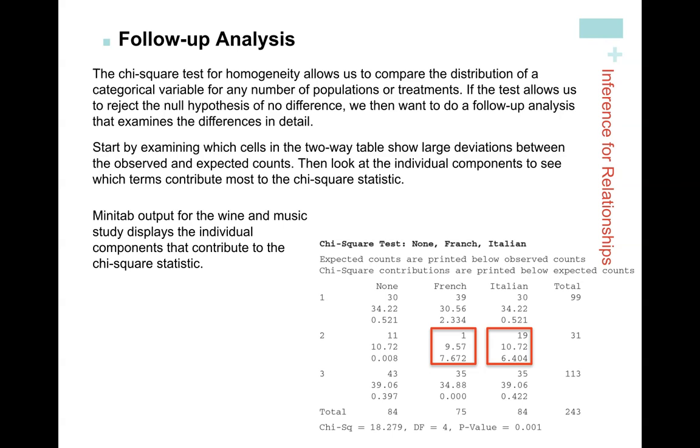So 2 times 2 is equal to 4. So DF equals 4. P-value, 0.001. So in our music versus wine, we had a very large chi-square test statistic, 18.279, which leads to a very, very small p-value, 0.001. Minitab output is awesome.